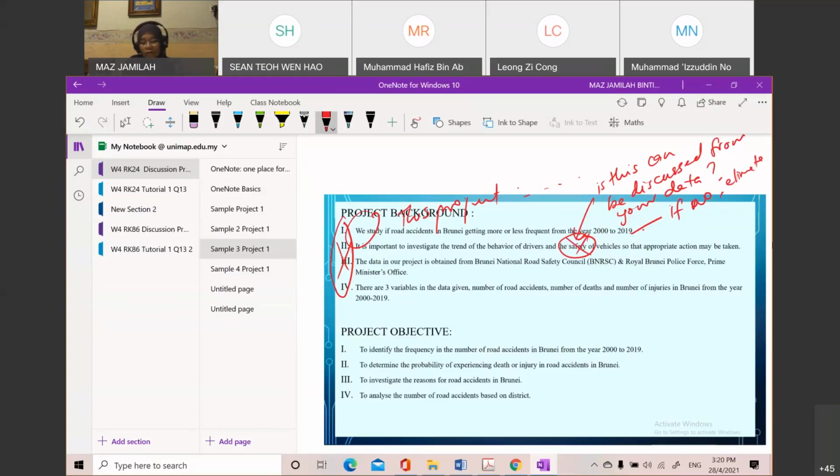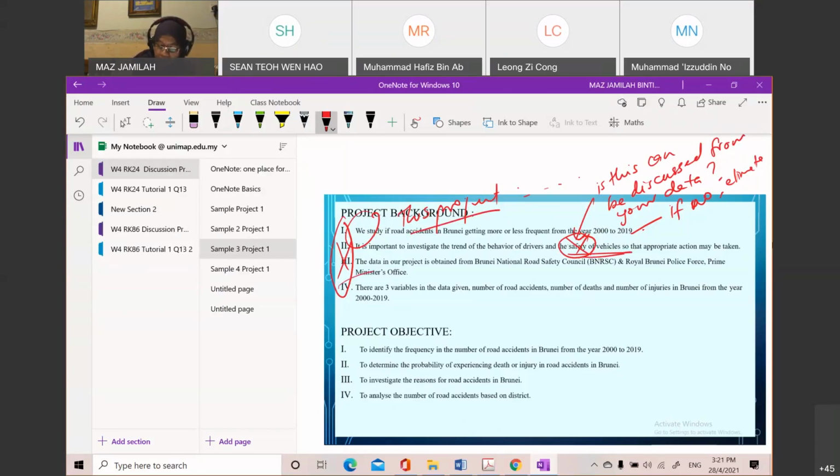Don't talk about safety; you are talking about accidents only. But if you are talking about the impact of accidents on safety, based on your comment somewhere in your analysis later, then it's okay. But safety of vehicles is not something that you can talk about from your secondary data. So use: this project is about what, and this project discusses what.